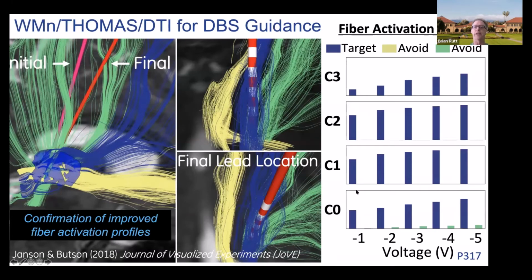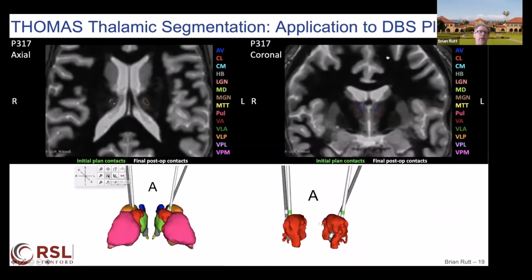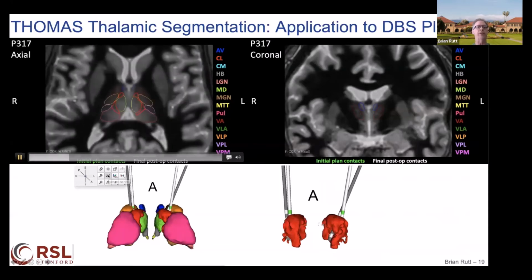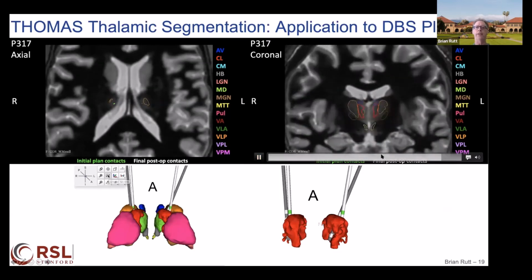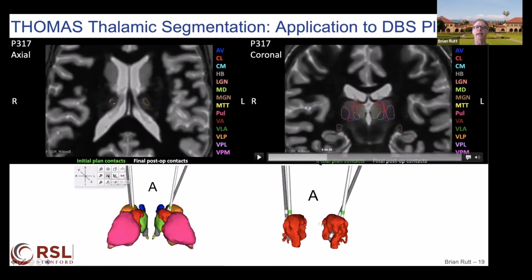And the final lead location then is some optimization or compromise position where we try to maximize target activation and minimize avoidance regions. So here's an actual subject in our study, just a movie through the thalamus rendition and in the coronal plane. And so let me stop this and run you back through.